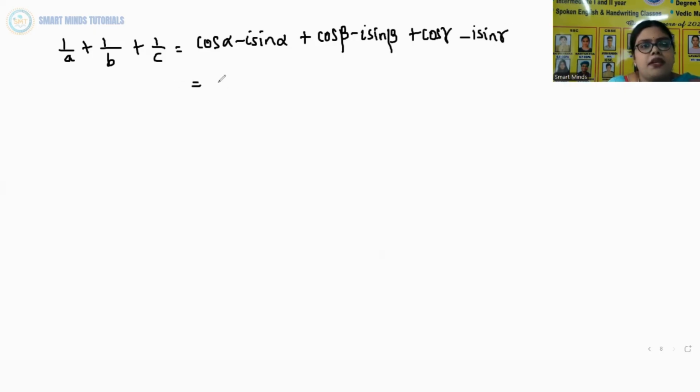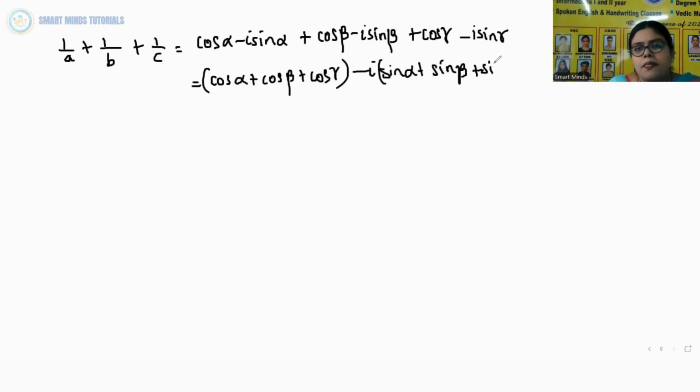Again we are separating cos and sin. So cos alpha plus cos beta plus cos gamma in one bracket, minus i into sin alpha plus sin beta plus sin gamma. But from the question we know that the first bracket is 0 and the second bracket is also 0. So we got 0.